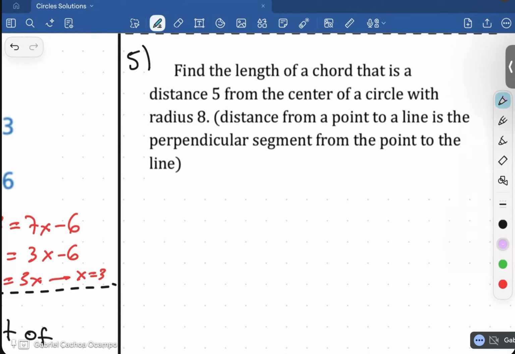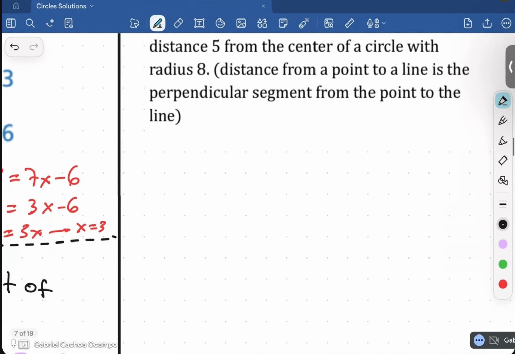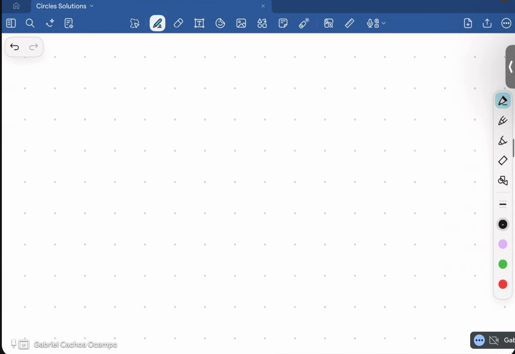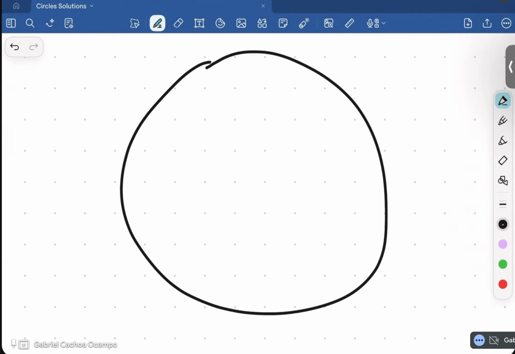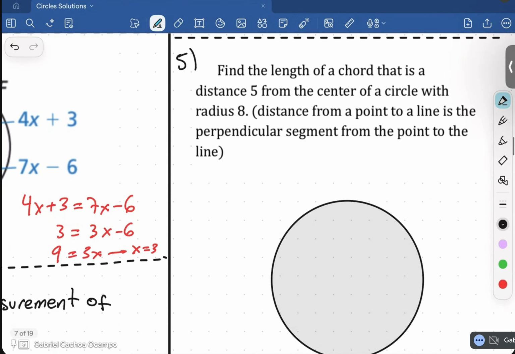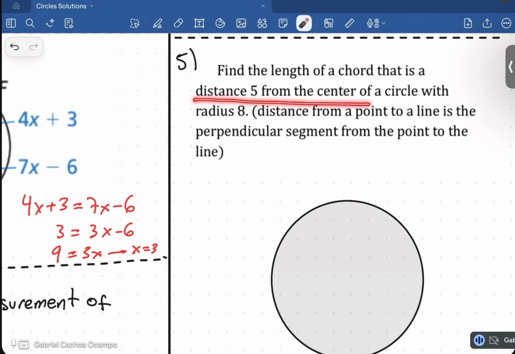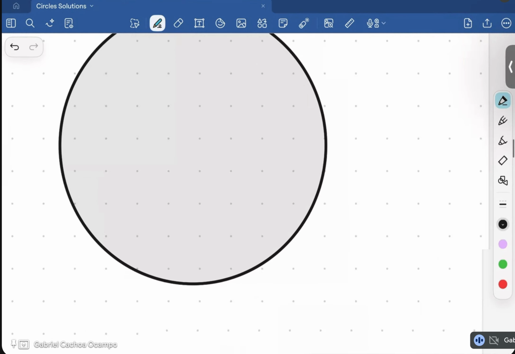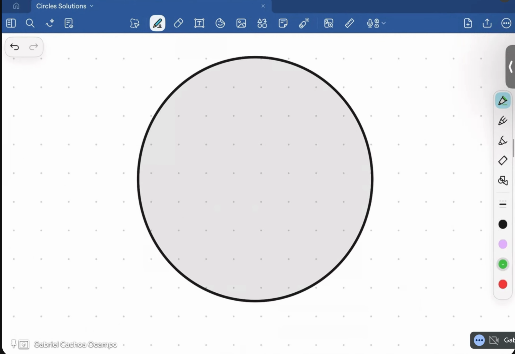So, let's draw a circle. I'm going to draw a circle with fancy technology. Cool. Okay. It says that I have a chord that is a distance 5 from the center. So I have a chord. Let me draw a chord.